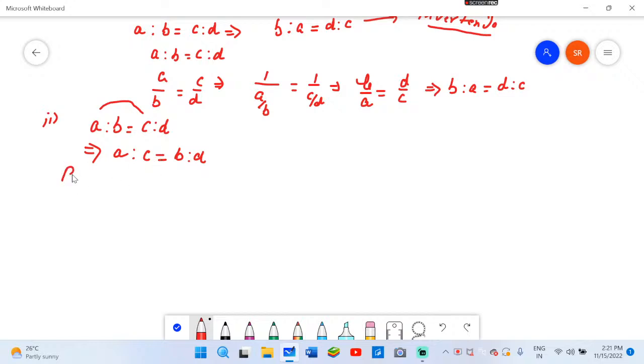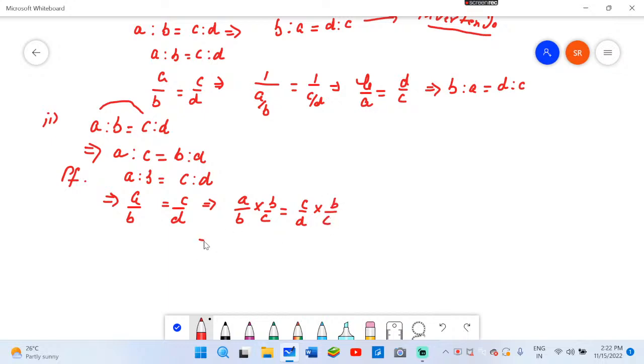So this we can prove. A is to B is equal to C is to D, that is A upon B is equal to C upon D. Now we multiply both sides by B by C. A by B into B by C equal to C upon D into B by C. Here B is cancelled.